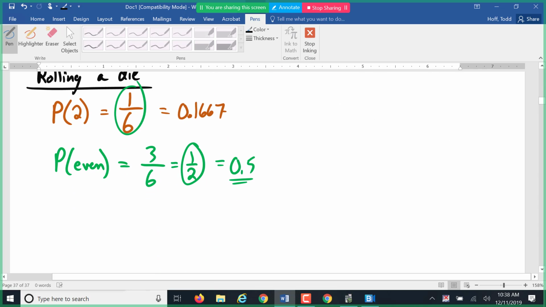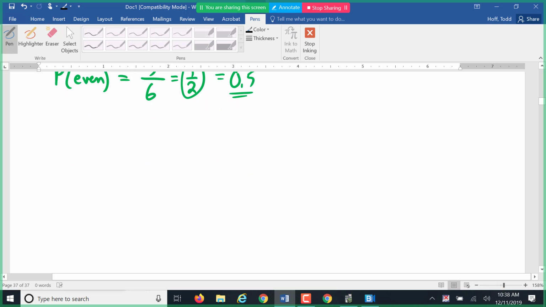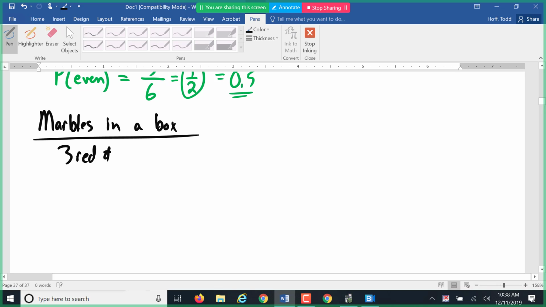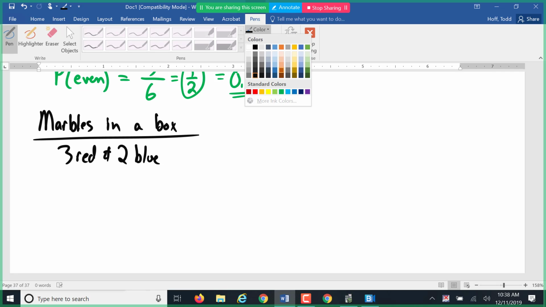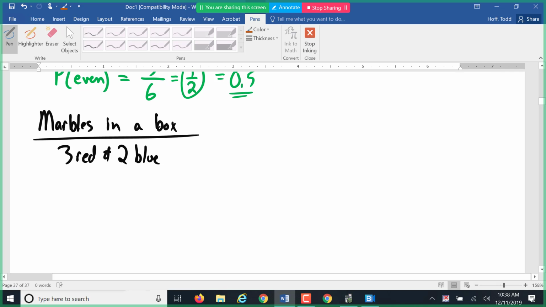Well, let's look at those marbles in a box. And again, we're going to go with 3 red and 2 blue. So my first question I'm going to ask, what is the probability of reaching in there and getting a red marble?